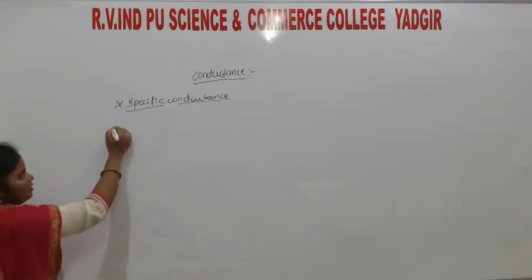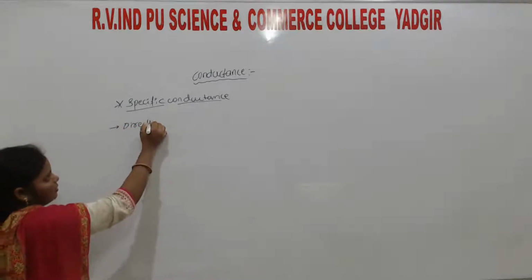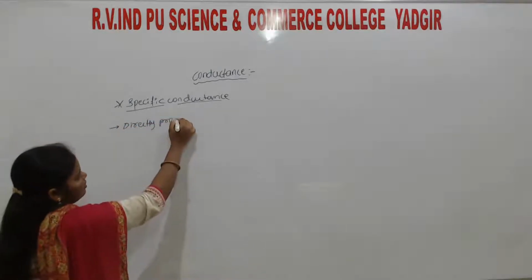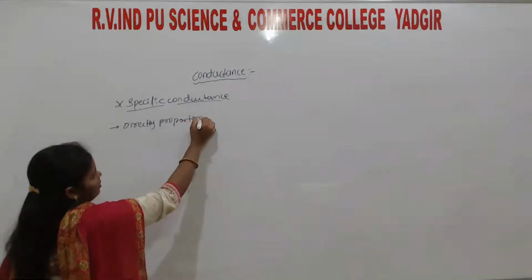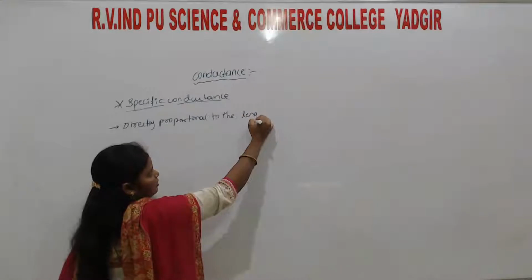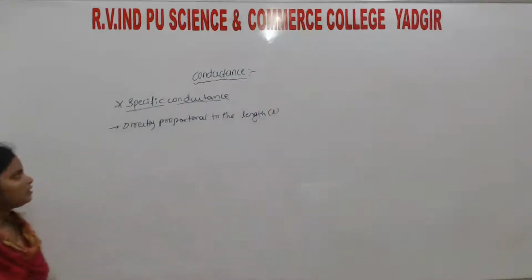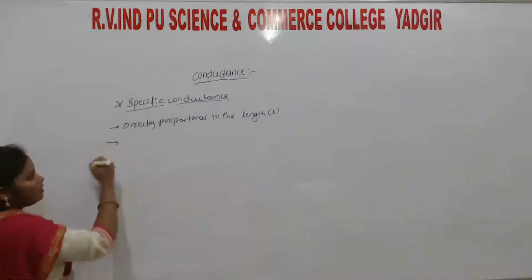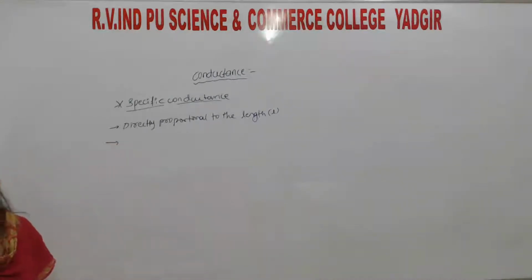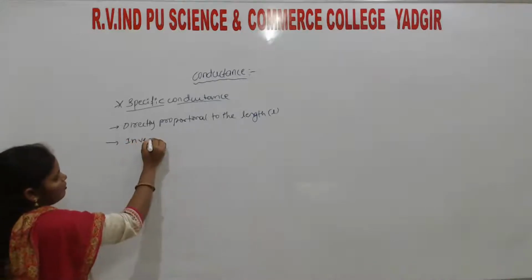It is directly proportional to the length, that is L, and inversely proportional to the area of cross section.